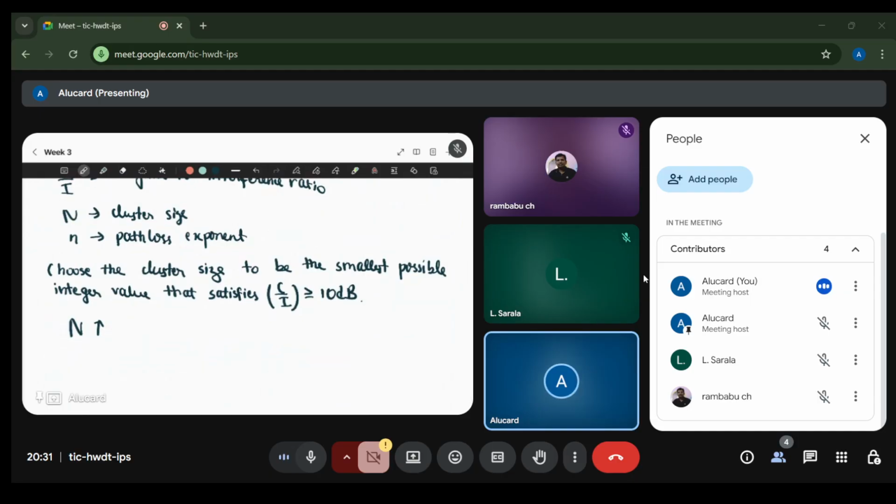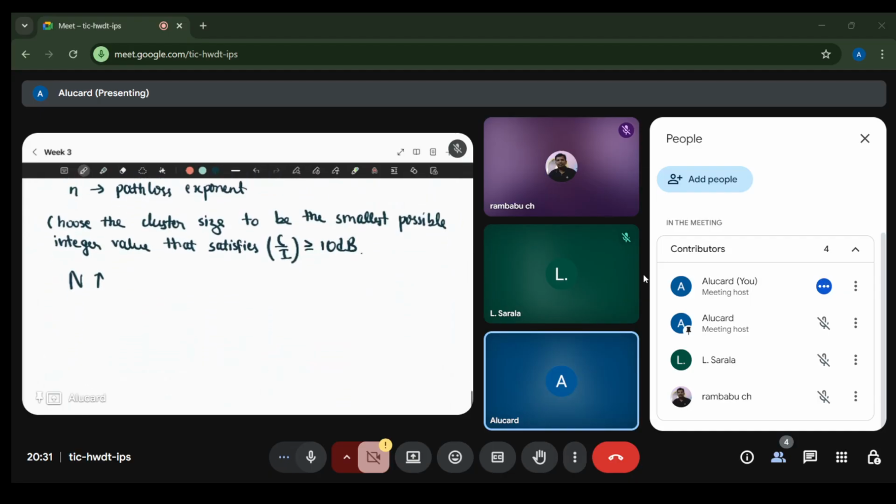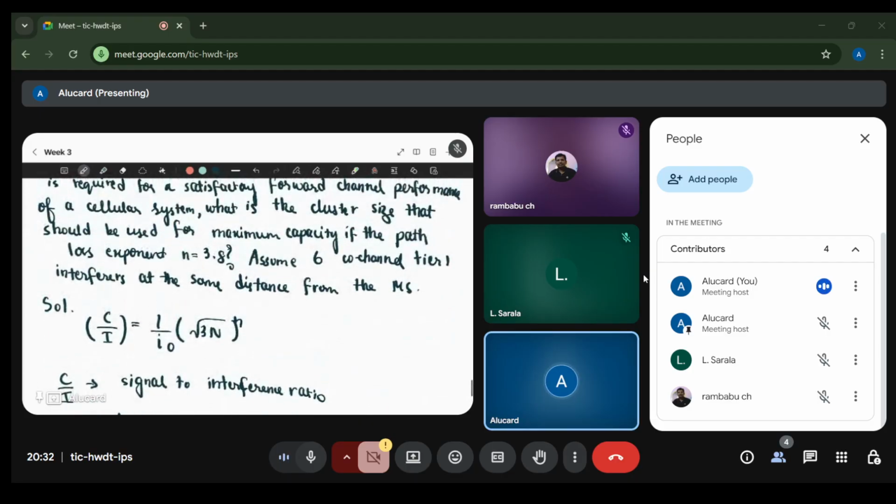So a larger N reduces capacity and a smaller N increases capacity. Since they've asked for maximum capacity, you should choose the smallest cluster size.